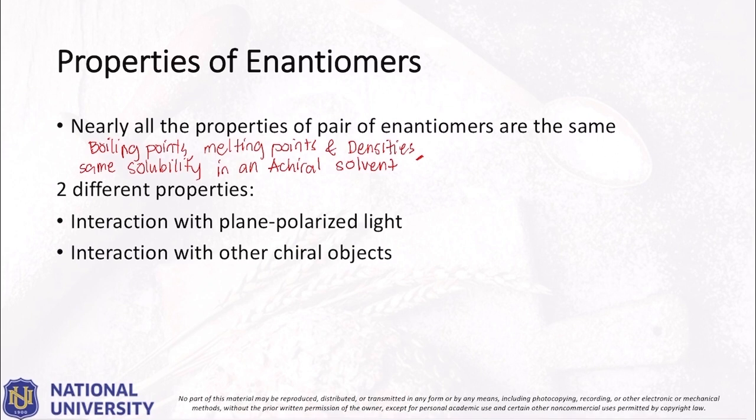For example, we have ethanol, but they differ in solubilities in chiral solvents, no? Such as D2-butanol. Now, saan sila nagkakaiba? We have two different properties. The interaction with plane polarized light.